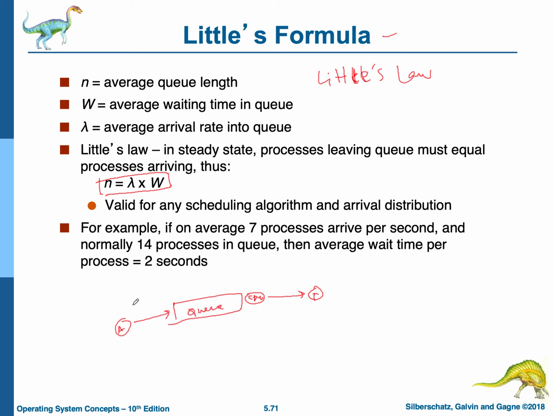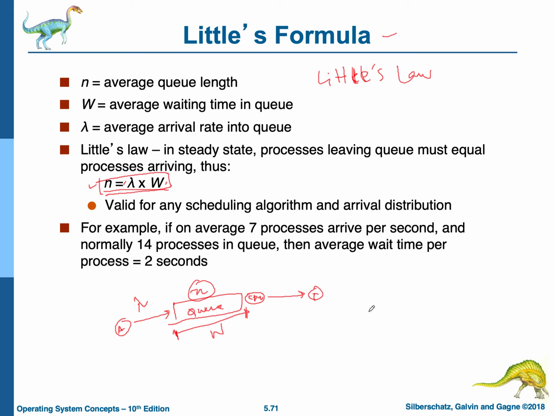Now the arrival is represented by lambda and the length is represented by n, while the wait from here to here is represented by w. If you want to see the length here, you have to multiply the arrival rate with the wait time, and you will get the current length of the queue.